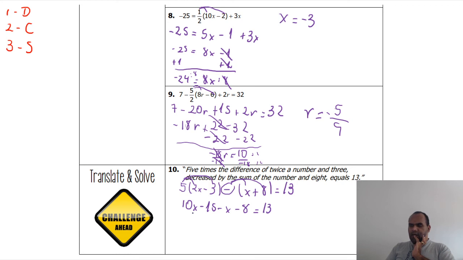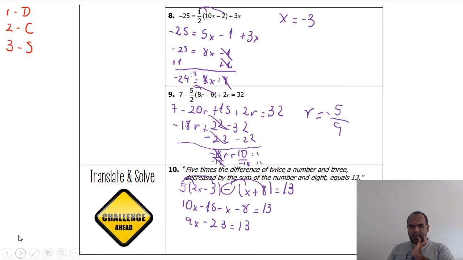Right now, combine like terms. 10x minus x is 9x. Negative 15 minus 8, as you can remember, is negative 23. Negative 23 equals 13.